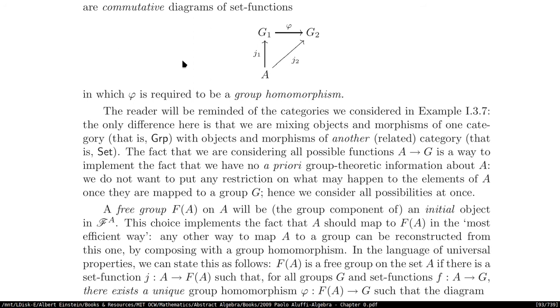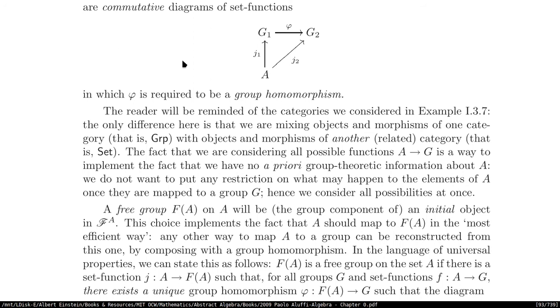Most efficient in the sense that any other way you map A to this group can be reconstructed from this map, right?